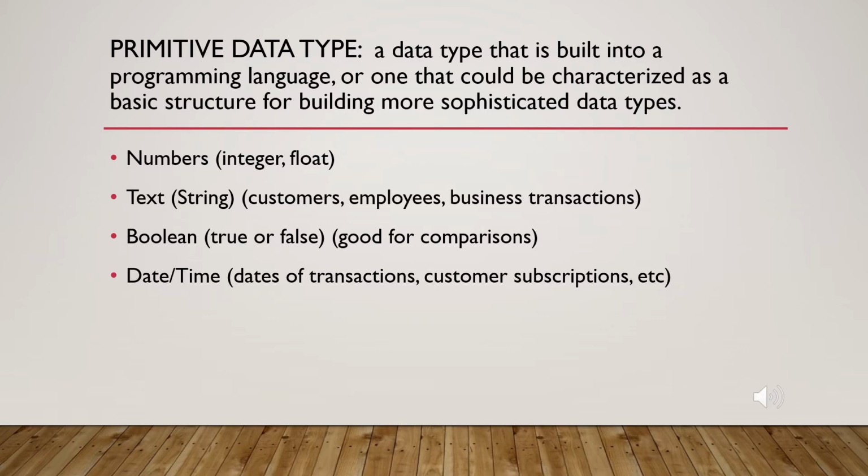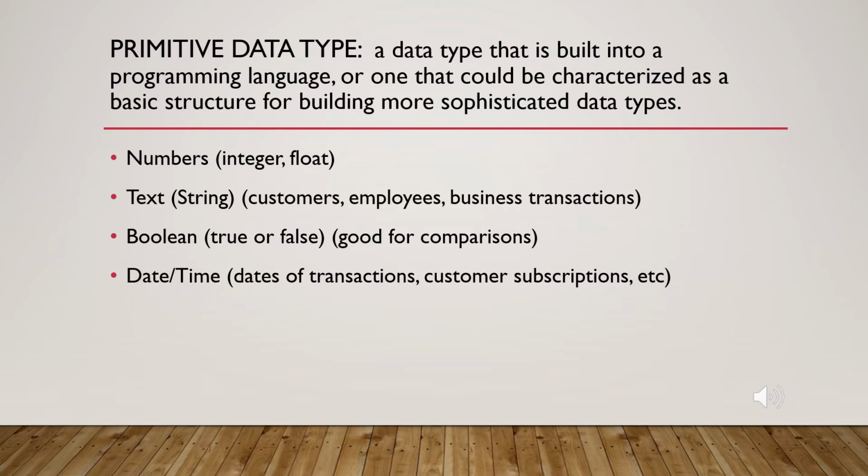String represents a sequence of characters, which is text, inside double or single quotes. And then there is Boolean, which is true or false. It's good for comparisons. It can represent true values with two constant objects.